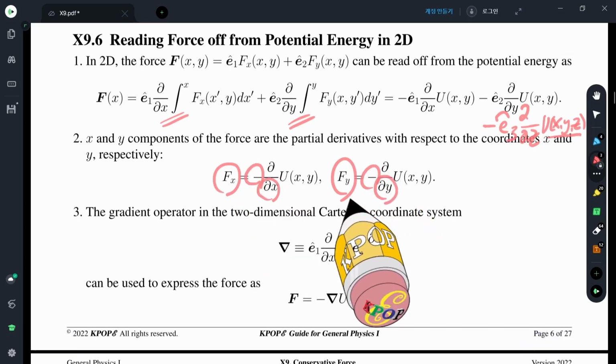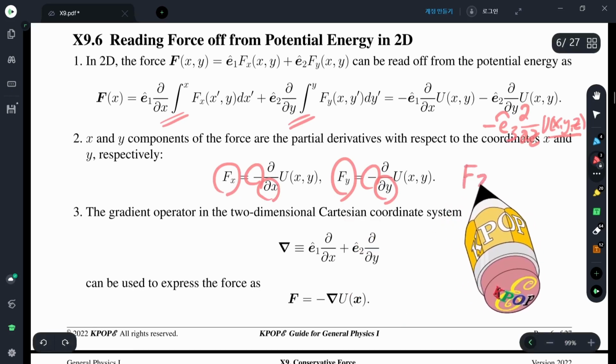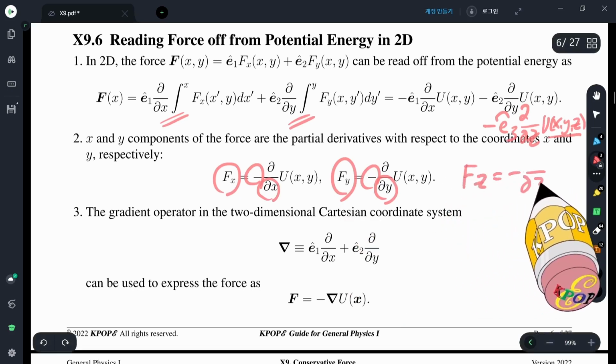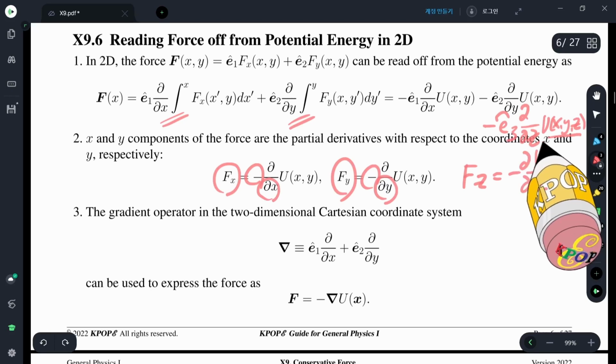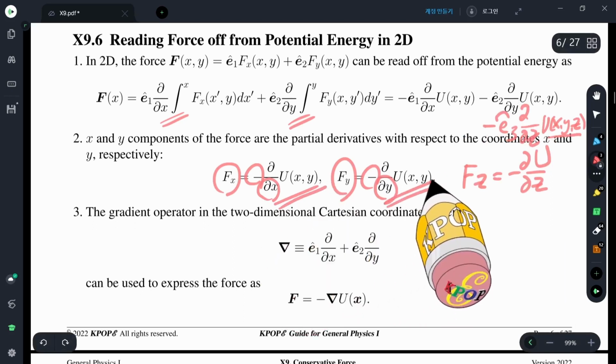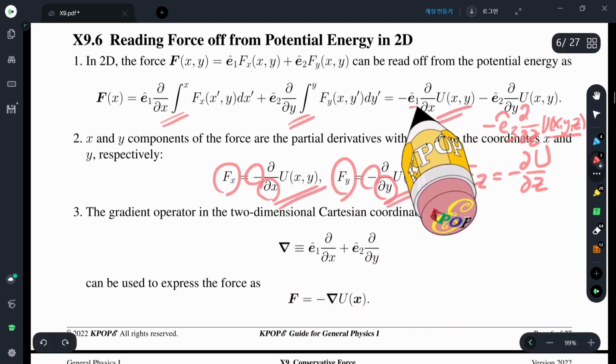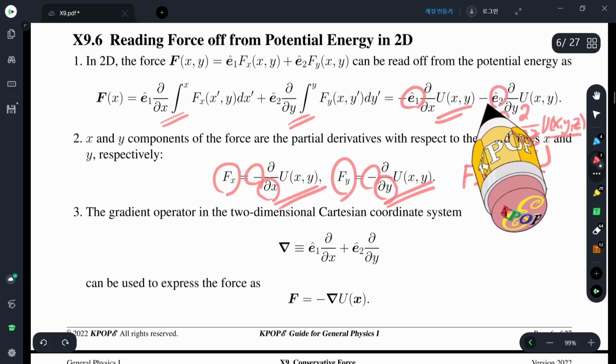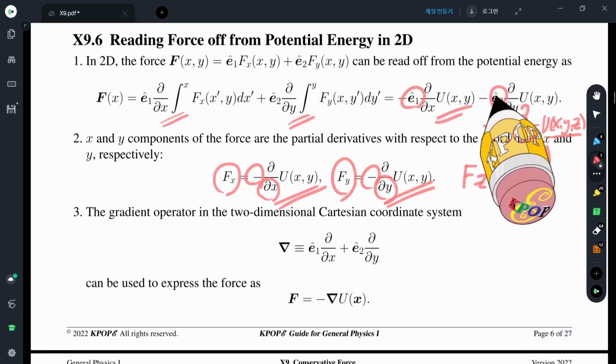If we want to extend to three dimensions, there should be Fz, something like that. Because force is a vector, this is the x component, y component, and z component. They are added, but after being multiplied by the unit vector along the Cartesian axis. So it is convenient to define the operator.